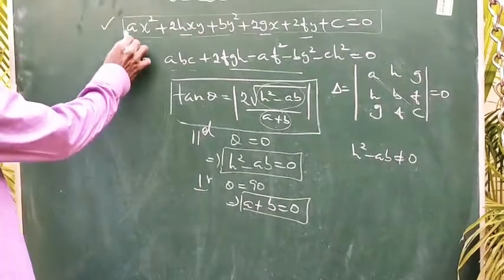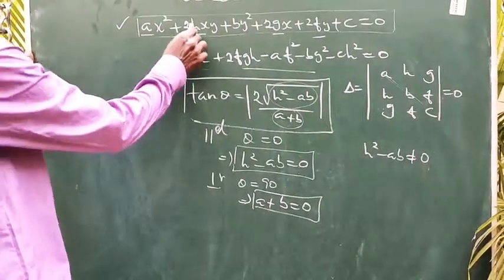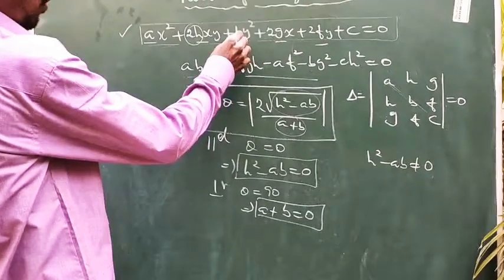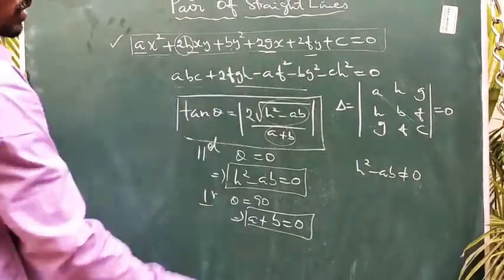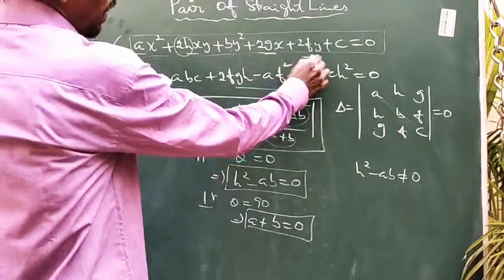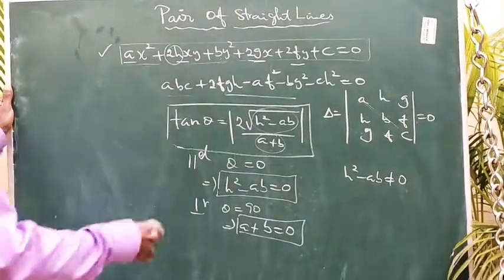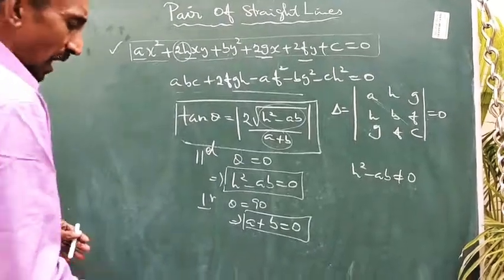Here a is the coefficient of x², 2h is the coefficient of xy, b is the coefficient of y², 2g is the coefficient of x, 2f is the coefficient of y, and c is the constant term. So my dear students, remember this basic concept.